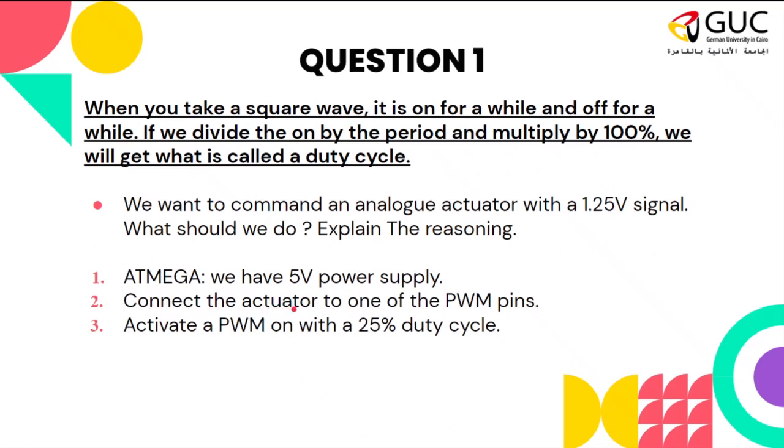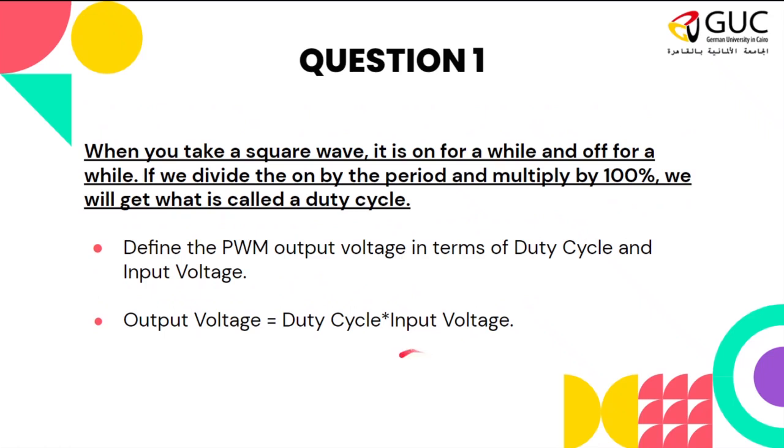So we will connect the actuator to one of the PWM pins, and activate the PWM with 25% duty cycle. Why 25%? If we go back to our definition of the output voltage after the pulse width modulation and the input voltage, which is 5, the relation between them is the duty cycle.